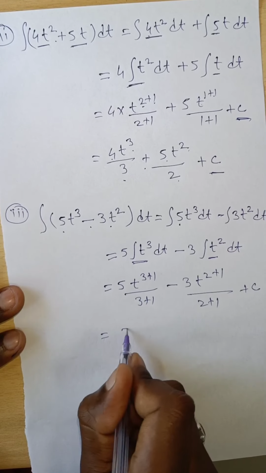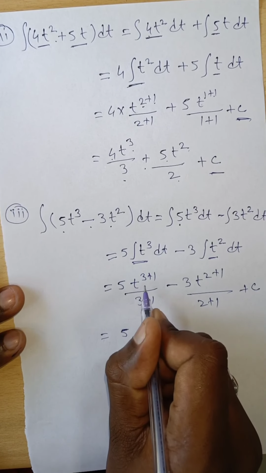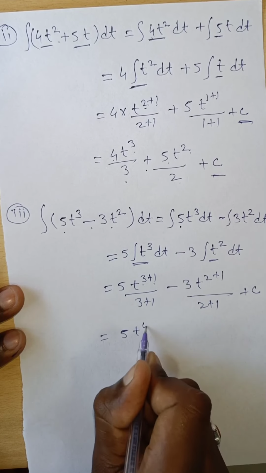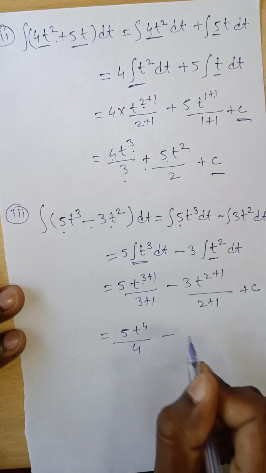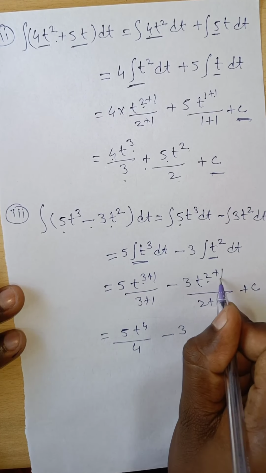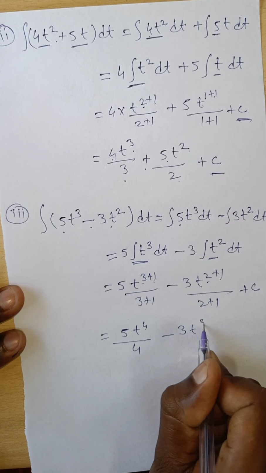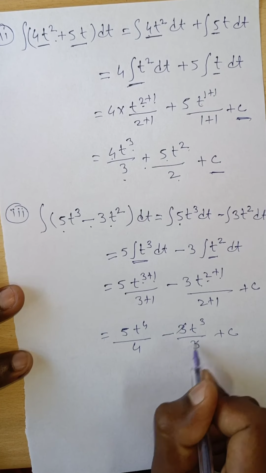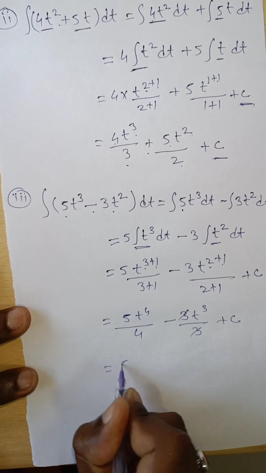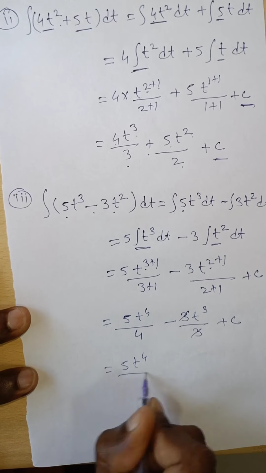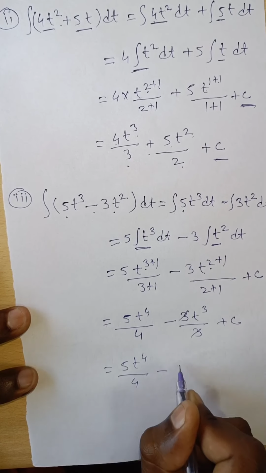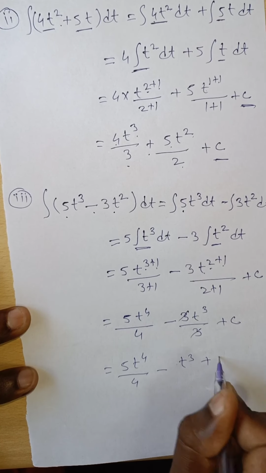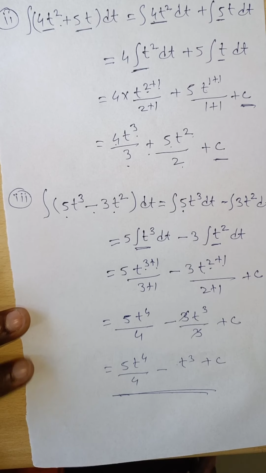Then this is 5 into t to the power of 4 divided by 4, minus 3 into t cube divided by 3, plus some constant c. Now the 3s cancel. Then this is 5t to the power of 4 divided by 4 minus t cube plus some constant c.